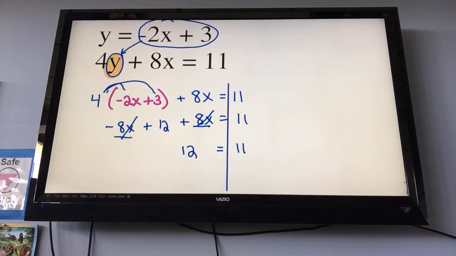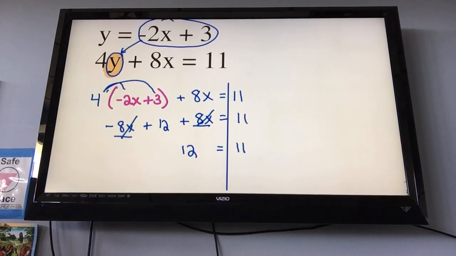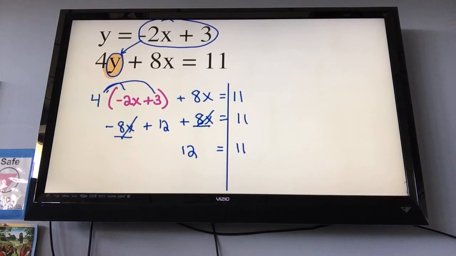Does 12 equal 11? No. So when this happens, all your variables cancel out, and you get a statement that's not true, 12 does not equal 11, then your answer is no solution.